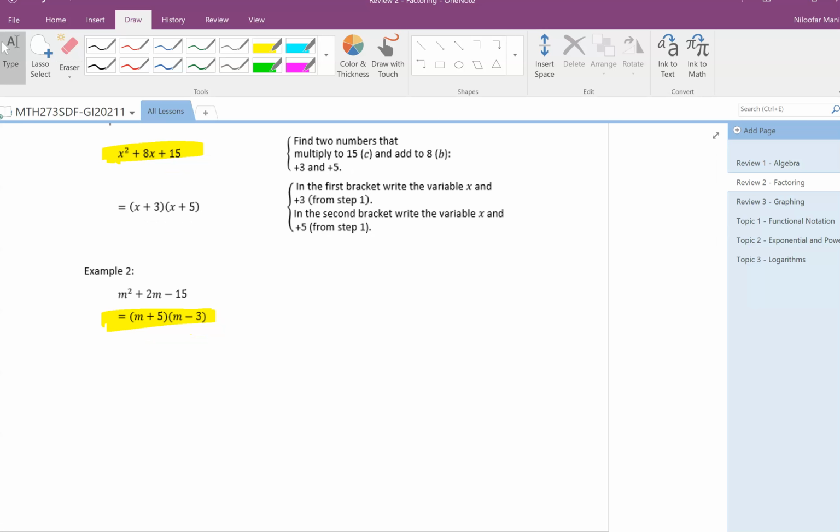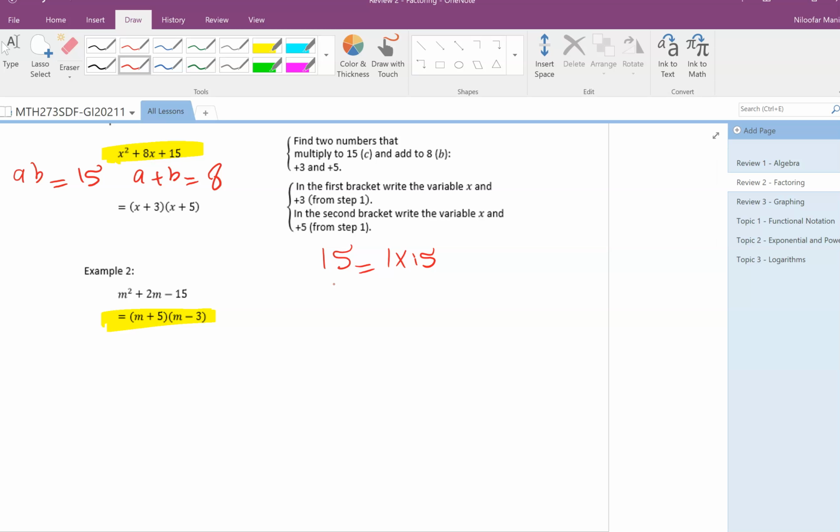So I have to look for two numbers. If I multiply them it is 15, if I add them it is 8. Okay, 15 equals 1 times 15. No, this is not the answer, because when I add 1 and 15, it's 16.